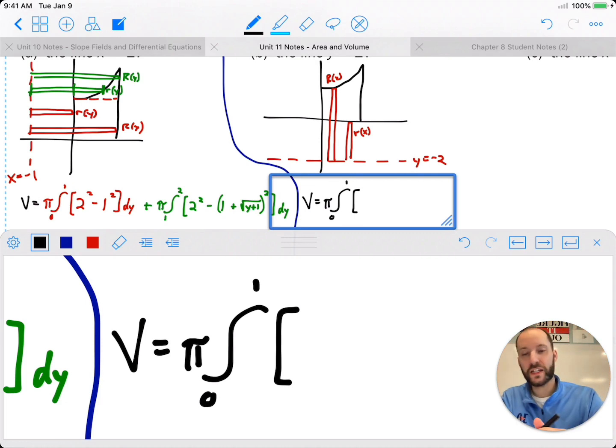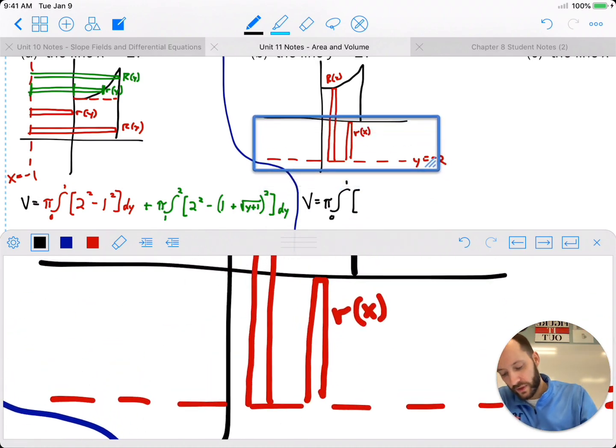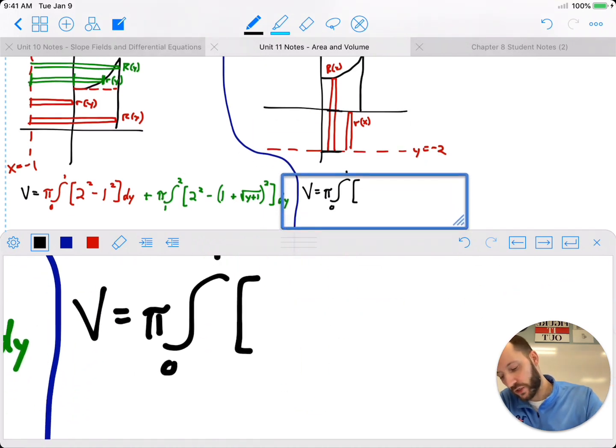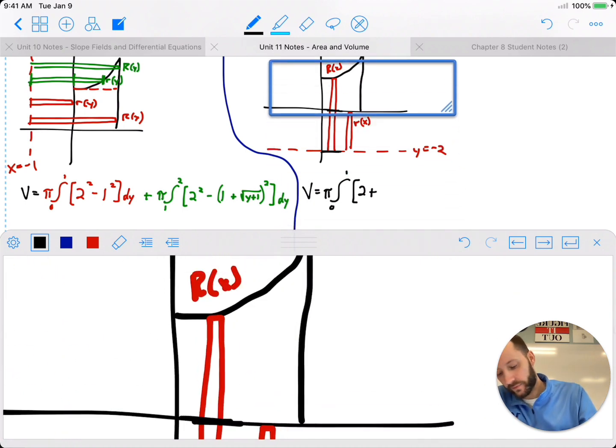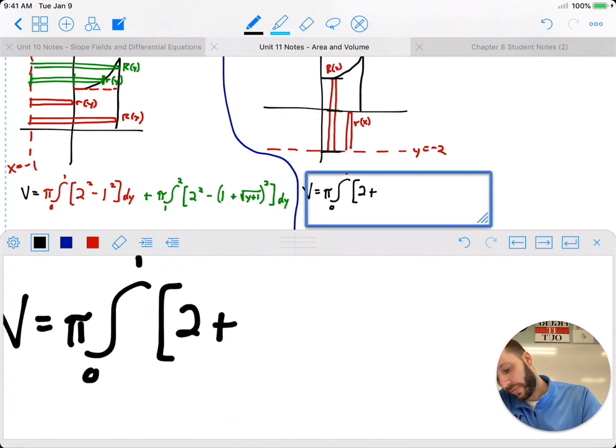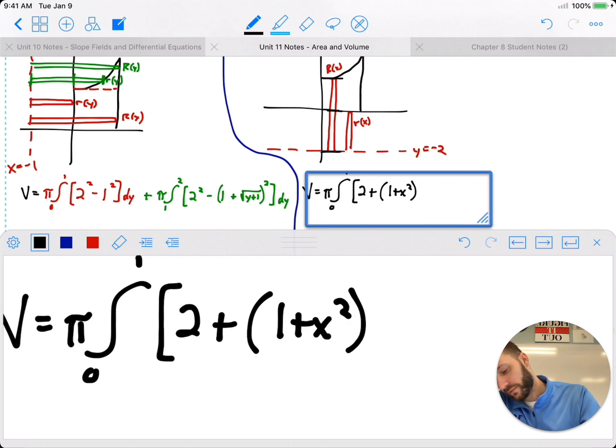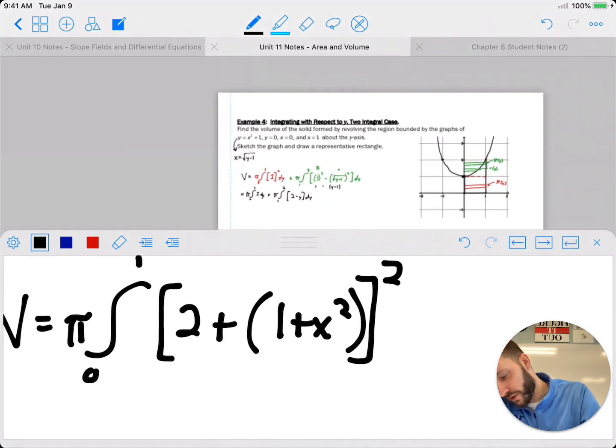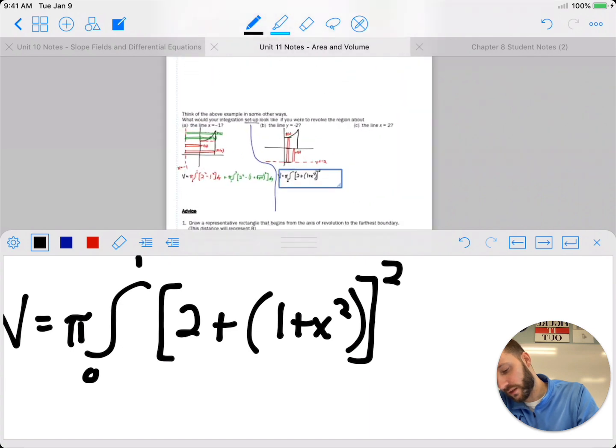So big R of x, that distance, from -2 to 0, that's going to be 2 units. Then we're adding on from 0 to the curve. That is 1 plus x squared and that's your big radius. Let me check, make sure the function x was 1, okay.